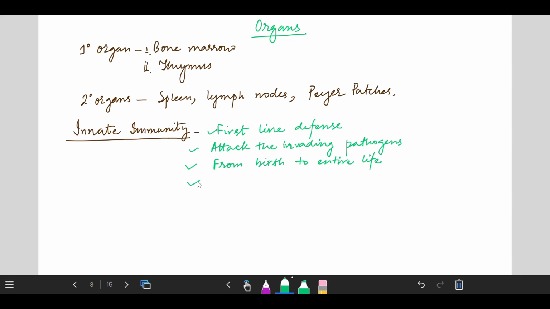So we can write like it has no memory, so it cannot provide protection to the body from future infections.